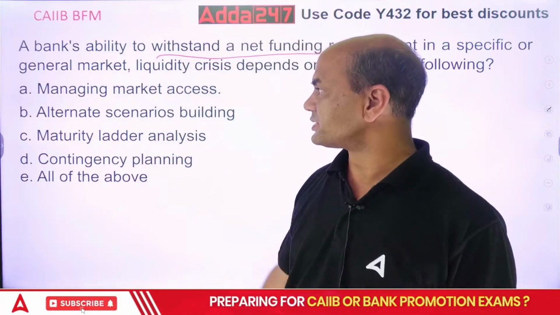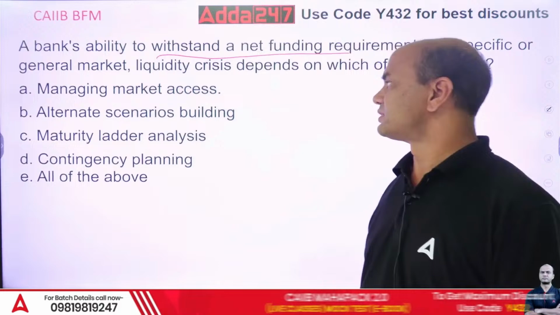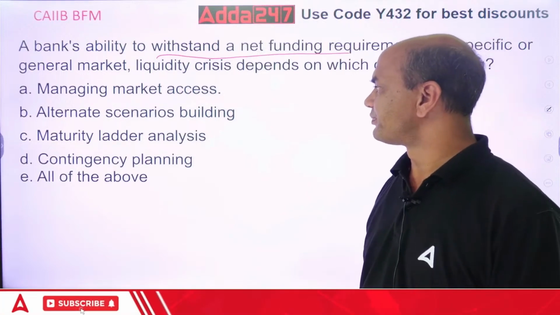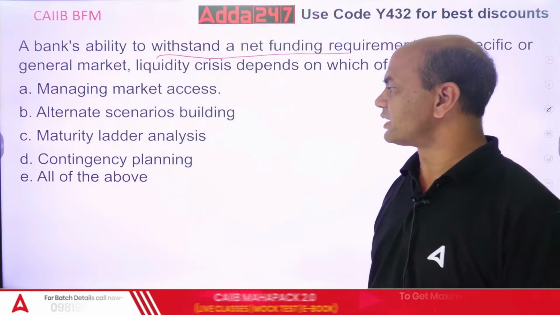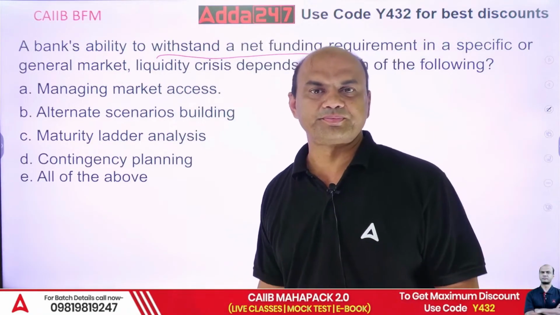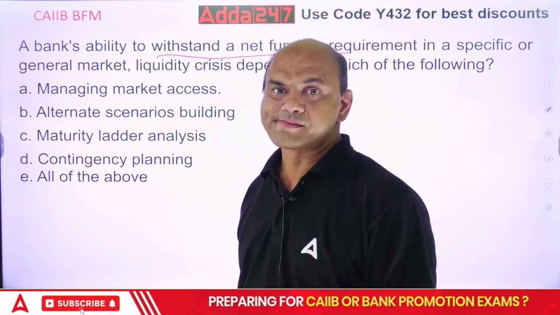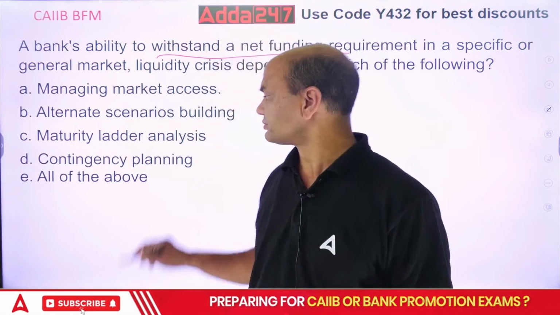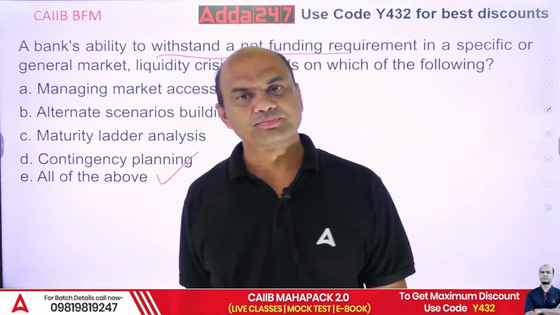Look at the options: managing market access, alternate scenario analysis, building maturity ladder analysis and contingency planning, and all of the above. What will be the answer? It is all of the above.